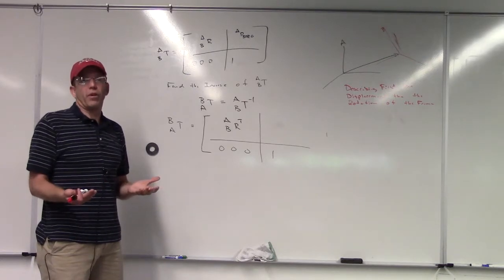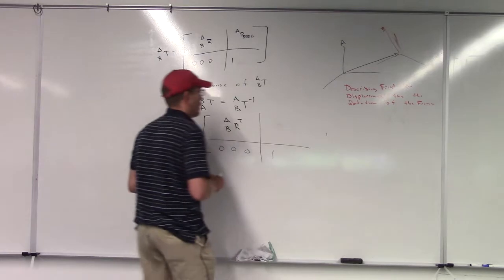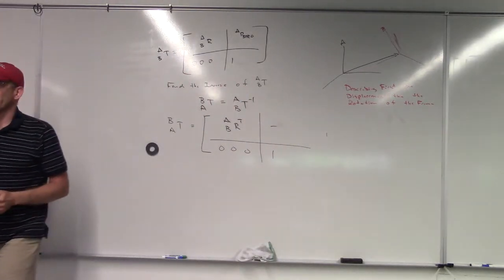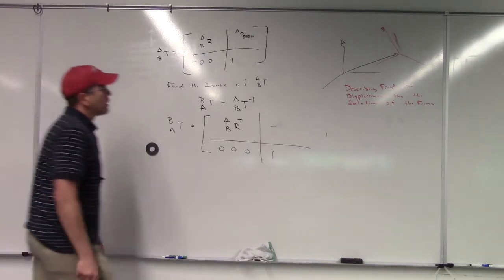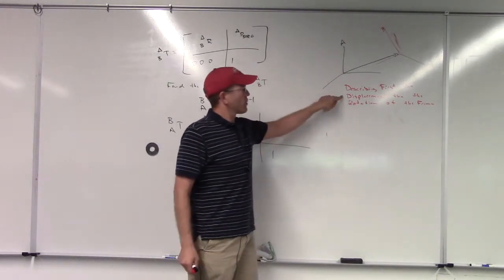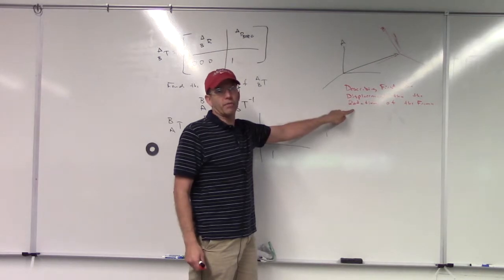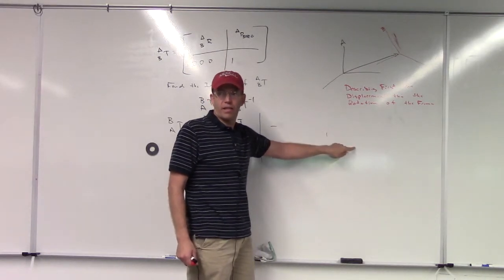Well, we're going to be going backwards, right? So there's definitely going to be a negative tossed in there. So it's going to be a big old fat negative. But what are we going to have to do first? So we provided displacement, then we rotated the frame. In order to undo this, we're going to have to first unrotate the frame and then provide the displacement.